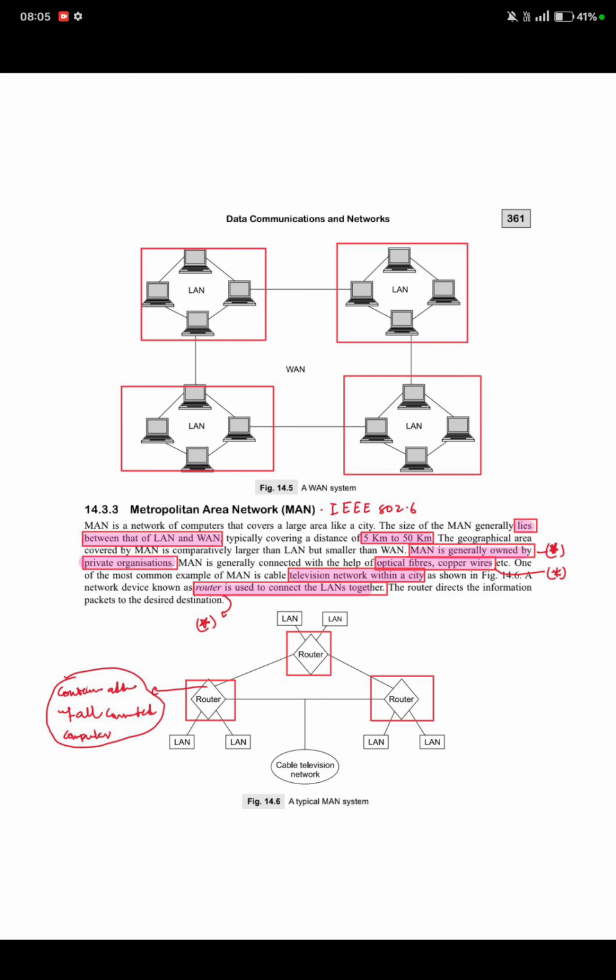Metropolitan area network, IEEE 802.6. A MAN generally lies between the LAN and WAN, typically covering a distance of 5 to 50 km. A MAN is generally owned by private organizations and connected with the help of optical fibers, copper wire, etc. An example is a television network within a city.